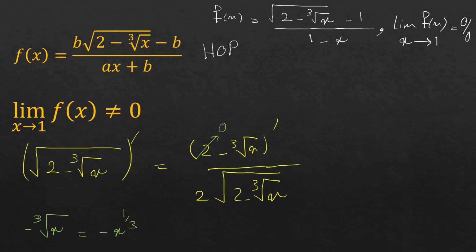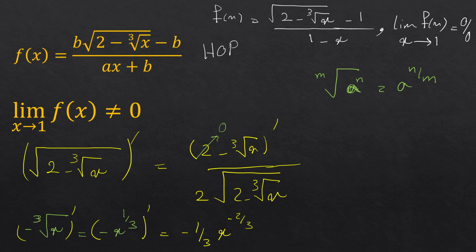Why is that? Because the mth root of a to the power of n can be written as a to the power of n over m. By applying this, I can rewrite the third root of x as x to the power of 1 over 3. And now its differentiation equals minus 1 over 3 times x to the power of 1 over 3 minus 1. 1 over 3 minus 1 is minus 2 over 3.